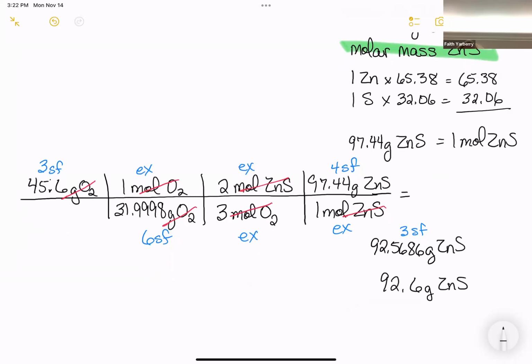Questions? Folks, hopefully you're seeing that this process is the same as what we were doing with Avogadro's number. The process is identical. The only change we've made is where our mole to mole ratio can come from.